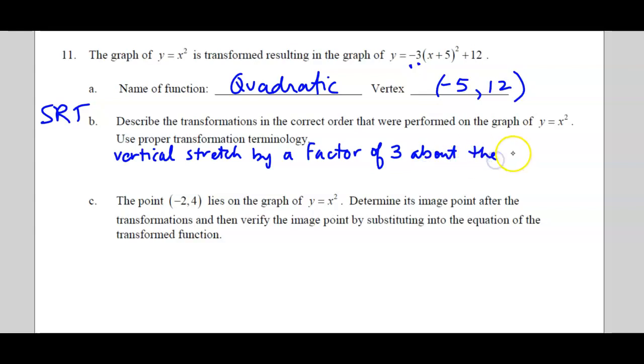So vertical stretch about the x-axis. You might get a little bit lazy. Sometimes we'll just do abbreviations, but when it comes to a test, when it comes to the diploma exam in January, they want to see all the words, okay? Then reflections next. So reflect, oops, I didn't spell it right.